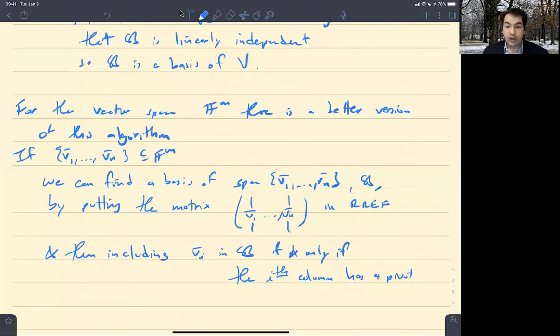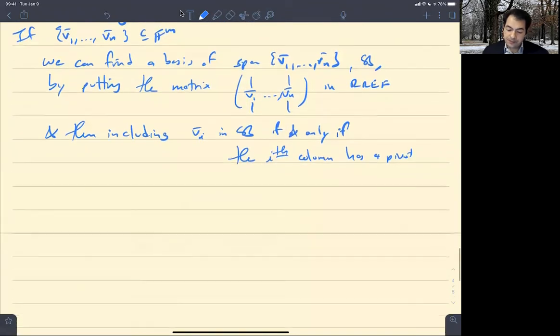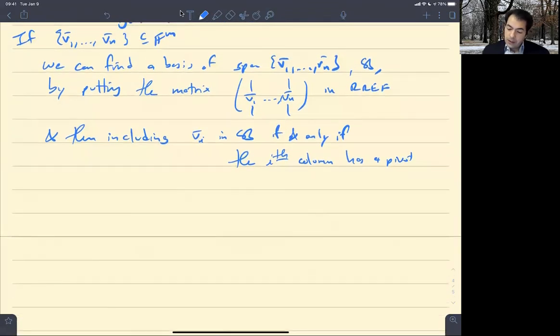Right, so we've talked about this already before. Let's just notice that this picks out the exact same vectors we would have picked out if we had followed the n-step algorithm that I mentioned previously.